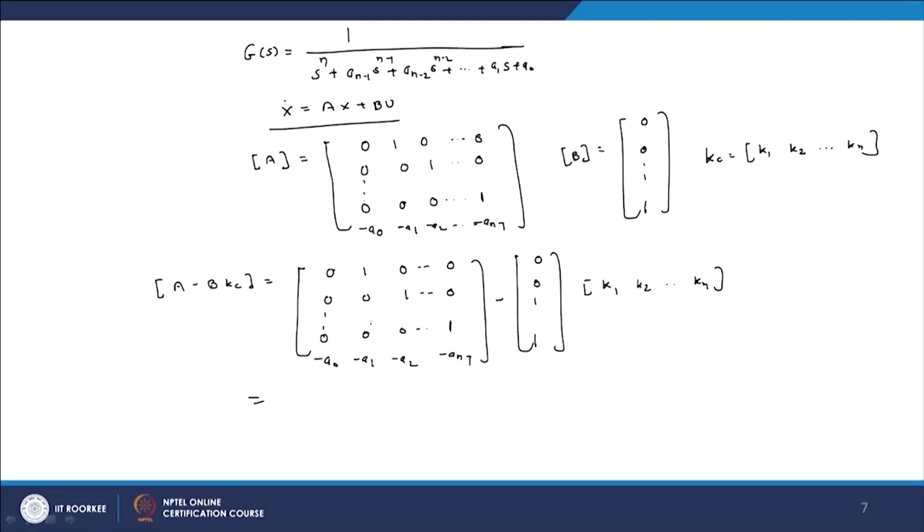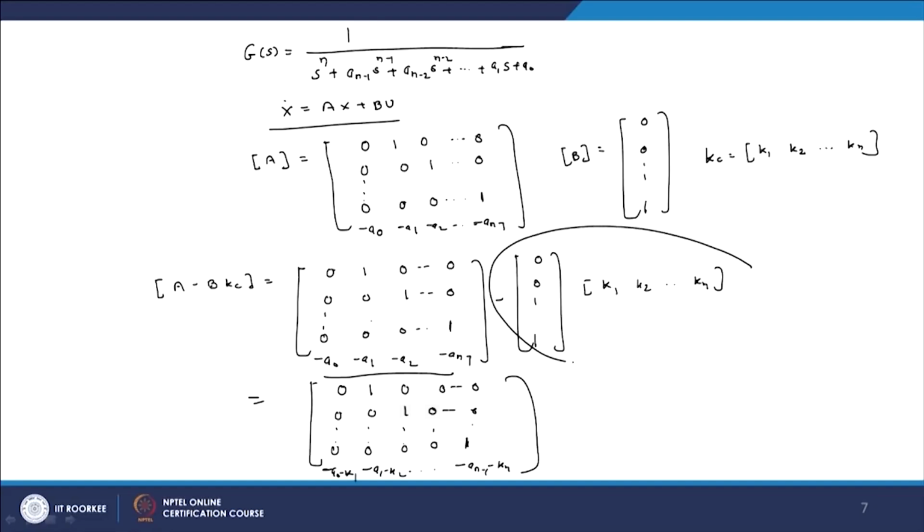So, after doing it we will get 0 1 0 0 0, 0 0 1 0, and lastly 0 0 0 1, and in the last row we will get minus a0 minus K1, minus a1 minus K2, and minus a n minus 1 minus Kn, because when B is multiplied by Kc, we get zeros everywhere and the last row K1, K2 up to Kn.